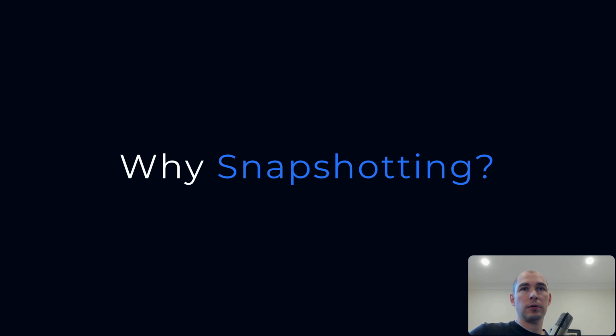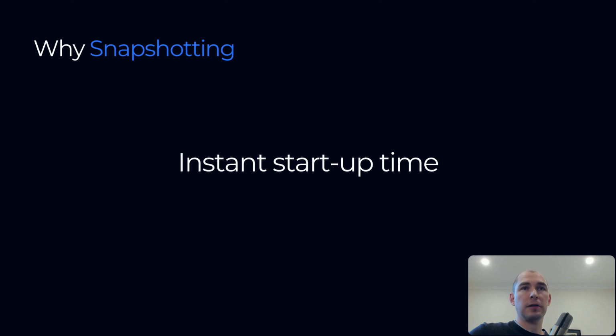So what benefits do we get from using this snapshotting approach? An obvious benefit is that startup time at runtime is quick. By the time the application has been snapshotted, all of the module loading, initialization, and potentially dependency injection can already have been completed, so that none of that needs to happen at runtime.